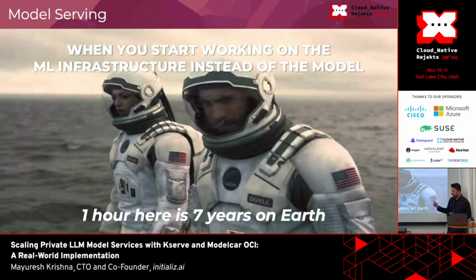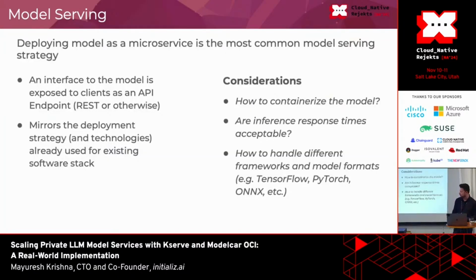I put it out there, like 1 hour here is about 7 years on Earth. So 1 month of not being able to deploy your application or model inference in production means your base large language model has now moved on, you have newer ones, and you have to go back and fine-tune again. So it is important to simplify how you serve your models in production.